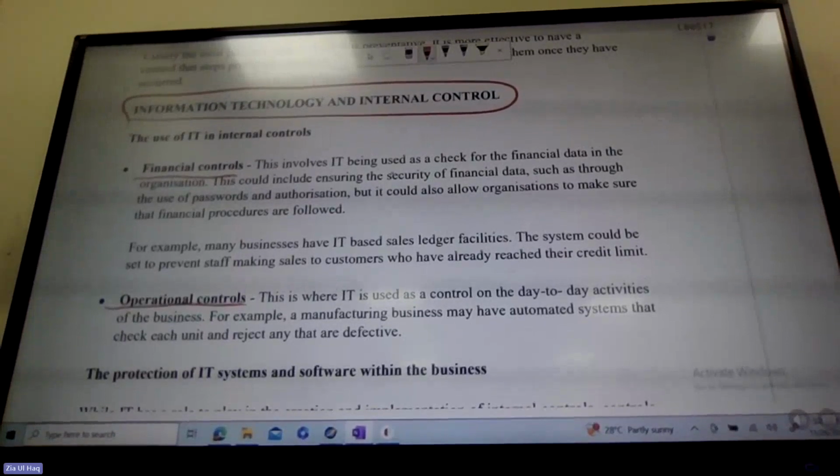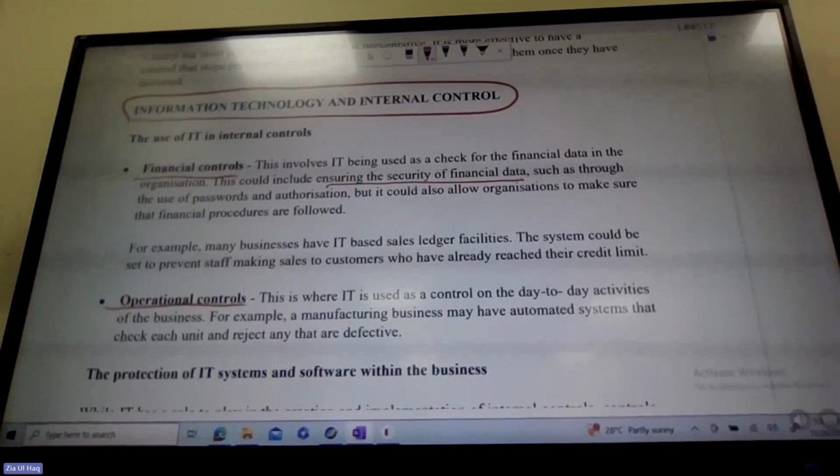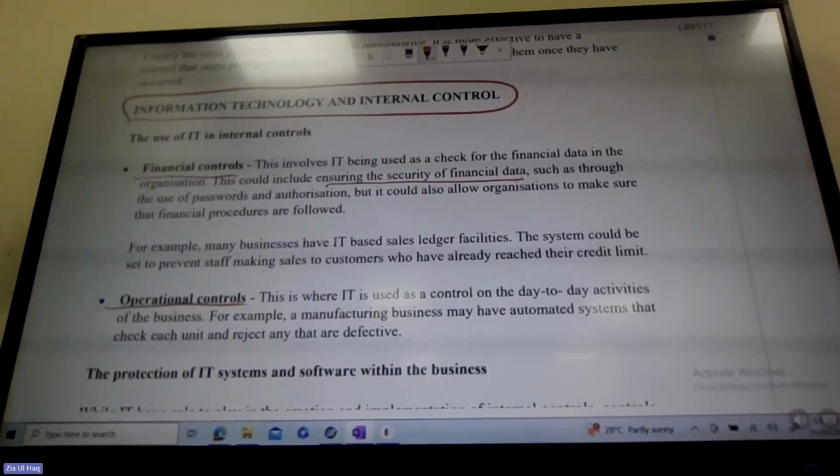Financial controls involve IT being used as a check for financial data in the organization. This could include ensuring the security of financial data. Like if you are keeping your customer details, especially their payment details, in your system, you need to maintain security of that data. Otherwise, a hacker or your employee can misuse that payment data of customers.